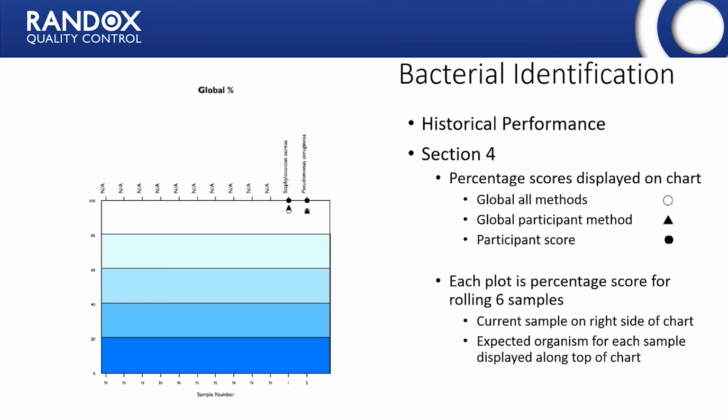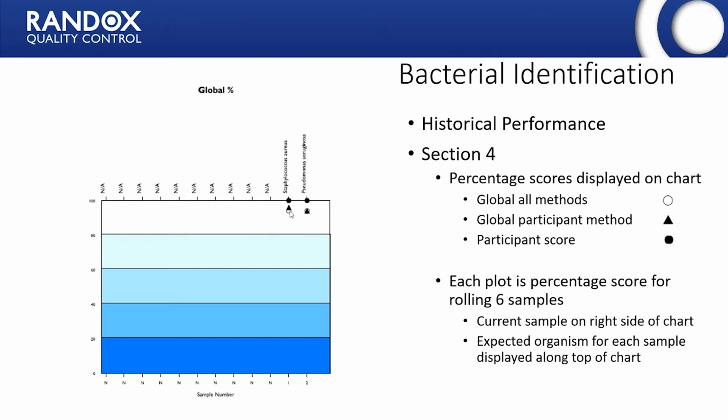If there is an organism which is particularly difficult for the labs to score, then it has the potential of changing this percentage, so the percentage will drop. Then moving on to the next sample, because it's an average and it's a rolling window, it'll take time for those scores to build back up again.